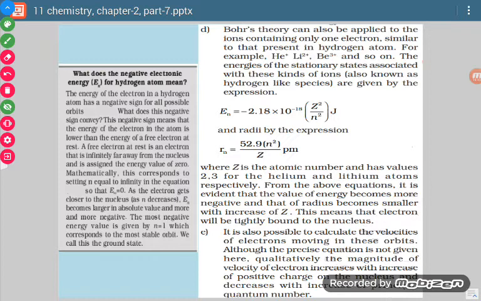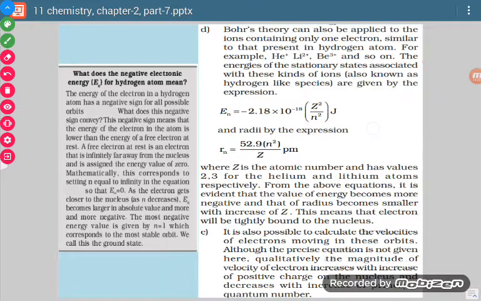So in 11th standard, that equation is not to be memorized, but we must know that the magnitude of velocity of the electron increases with increase of positive charge on the nucleus and decreases with increase of principal quantum number. It varies with the principal quantum number as well as with the positive charge on the nucleus.